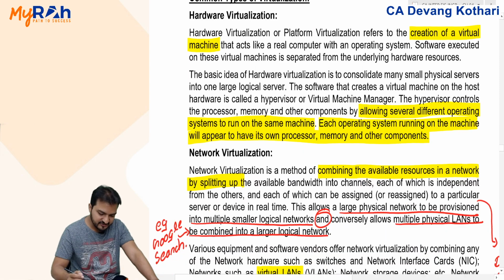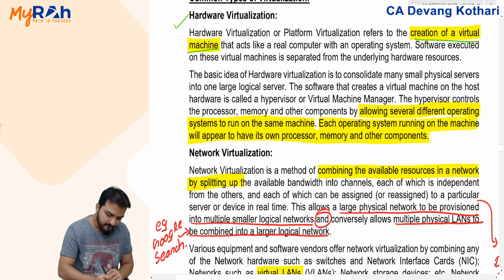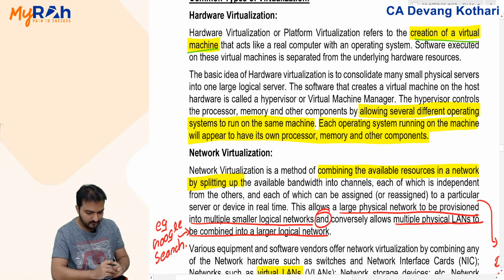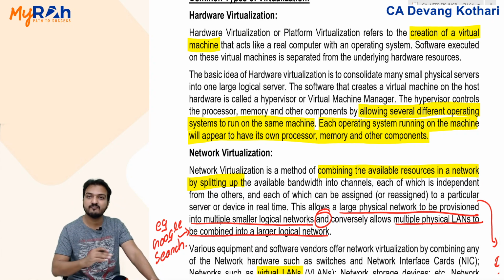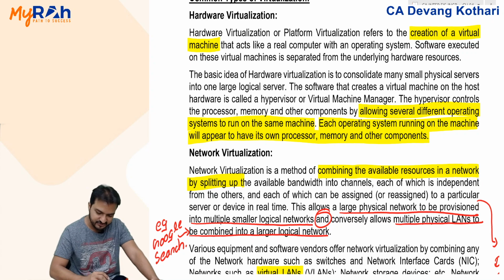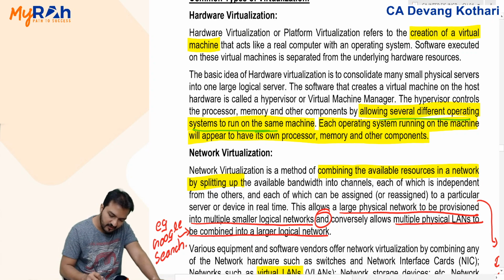Types of virtualization: hardware virtualization, where you create artificial hardware, a virtual hardware. Examples can be virtual memory, which we had learnt earlier. Also, several operating systems running in the same computer.